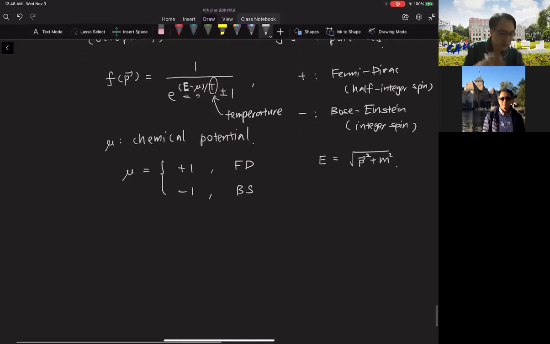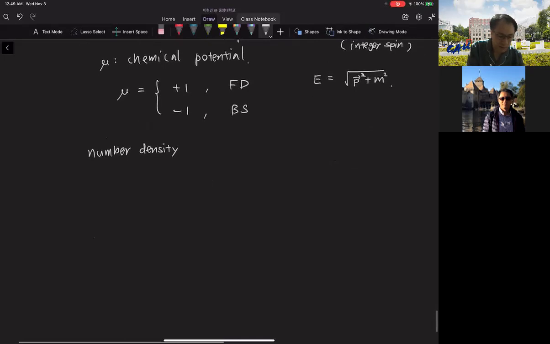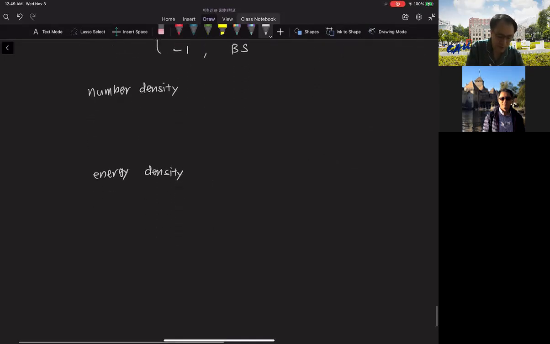With that information, we can compute the averaged number density, and also the averaged energy density, as well as the averaged pressure, etc.